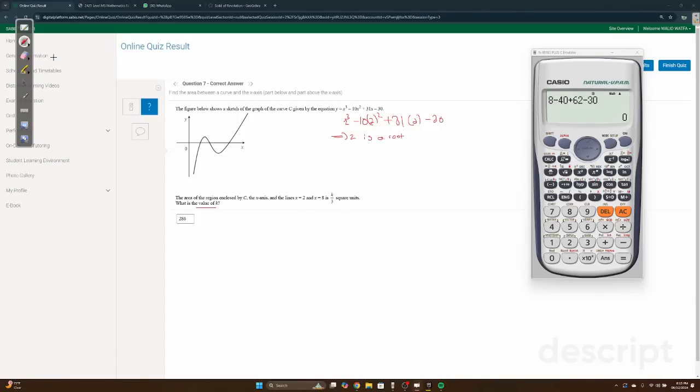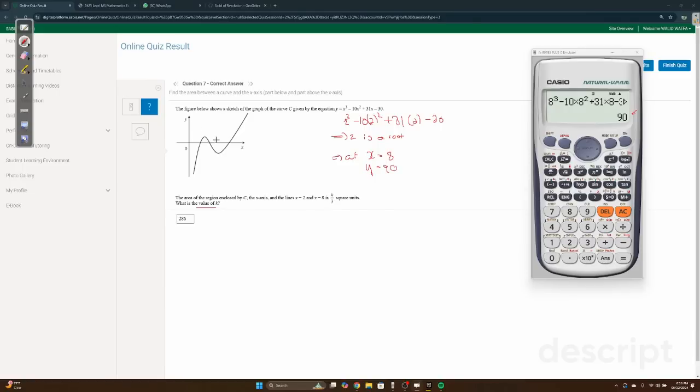Now for 8, I told you it's not a root, but let's substitute 8 cubed minus 10 times 8 squared plus 31 times 8 minus 30. You're going to see it's not 0, but this 90 is actually very useful. It shows that at x equals 8, y equals 90.